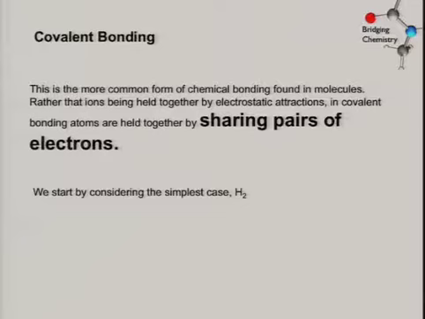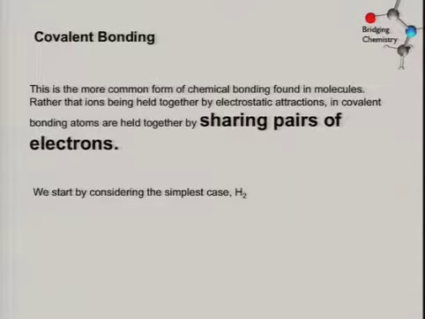We're talking about atoms that don't have charges, and so instead, the thing which holds atoms together in a covalent bond is the sharing of a pair of electrons between the two atoms.